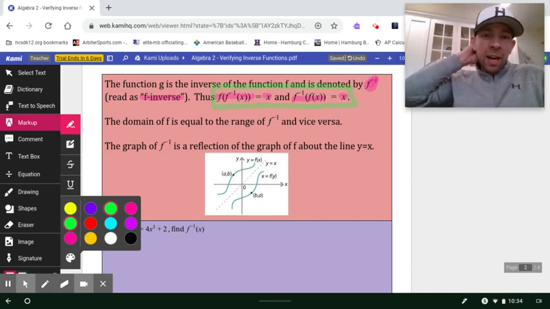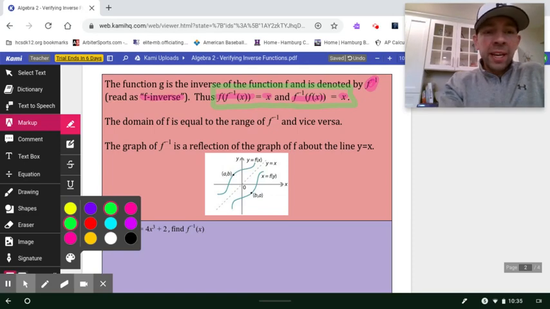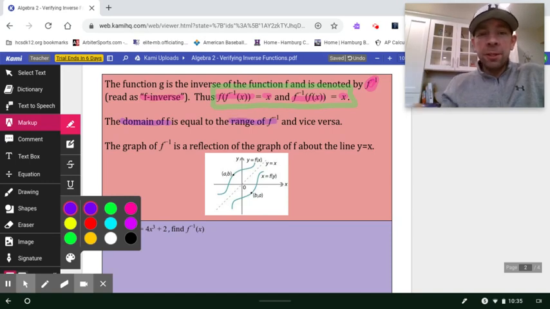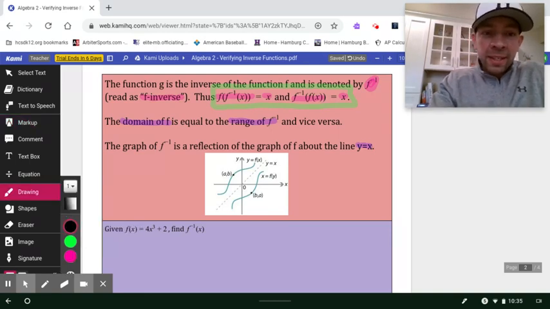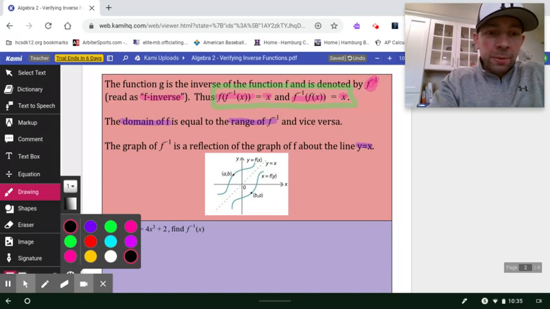All right. A couple other tidbits here to keep in your back pocket. We would say that the domain of f is equal to the range of f inverse and vice versa. And the graph of f inverse is going to be the reflection of f about what line? The line y equals x, which is going to be this nice dotted line that goes right down the center of the third and first quadrants.